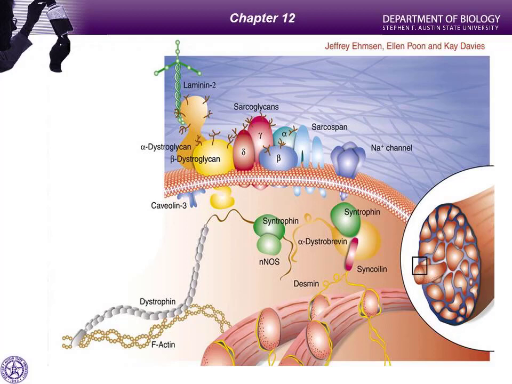So when you hear dystrophin, have you ever heard that word before, or a word that sounds like dystrophin? Muscular dystrophy. So this was the first gene that was identified as one where a mutation can lead to muscular dystrophy, the disease.